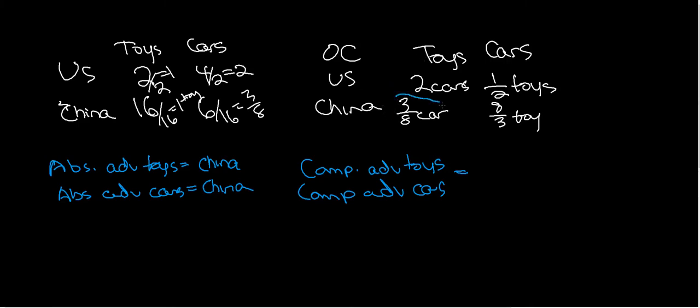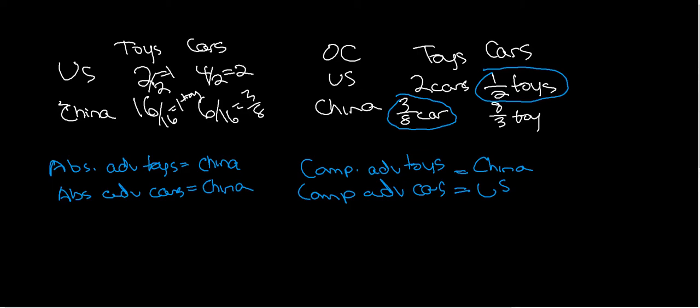So in this case, China produces 1 toy at 3/8 of a car, which is less than 2. So this goes to China. And the comparative advantage for producing cars goes to America because 1/2 toys is less than 8/3. Remember that one country cannot have the comparative advantage in both items, or these countries won't trade at all.